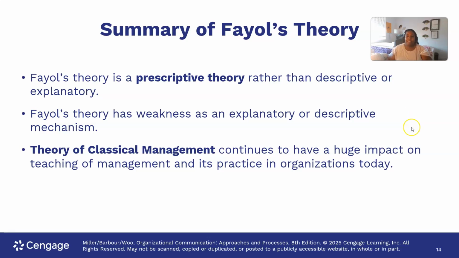All right. So the summary of Fayol's theory is that it's a little bit more prescriptive rather than descriptive or explanatory. So not, this is what it is in organizations, but, this is what you should do in organizations.